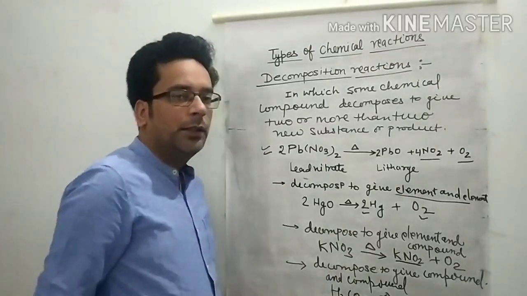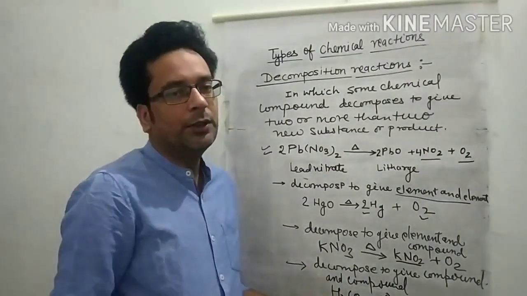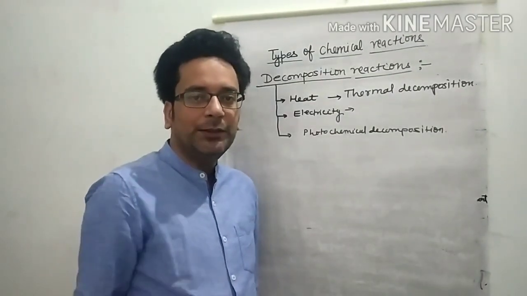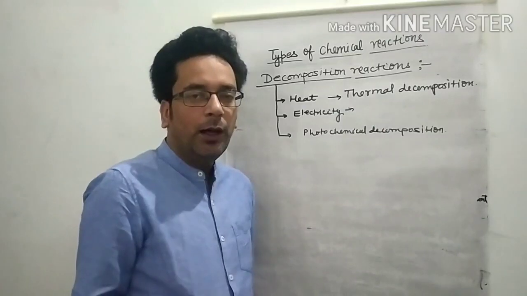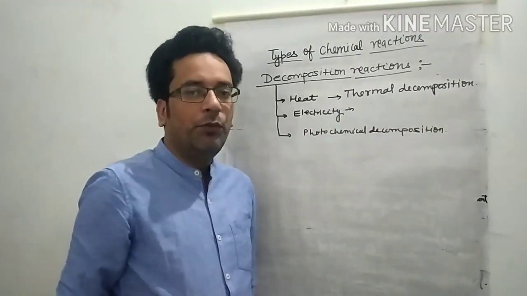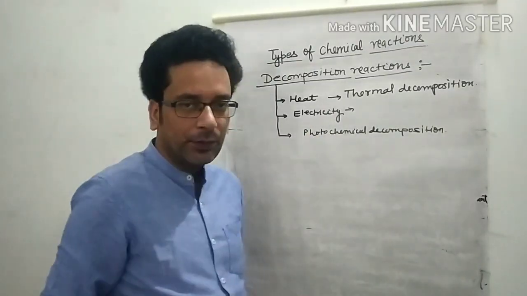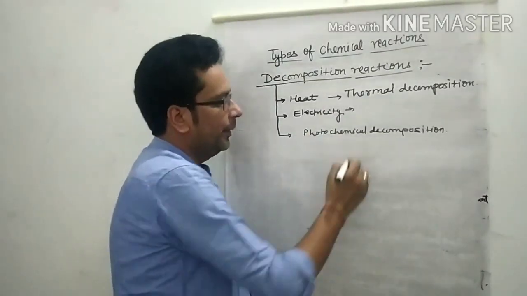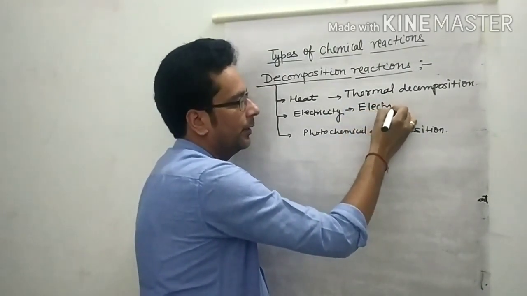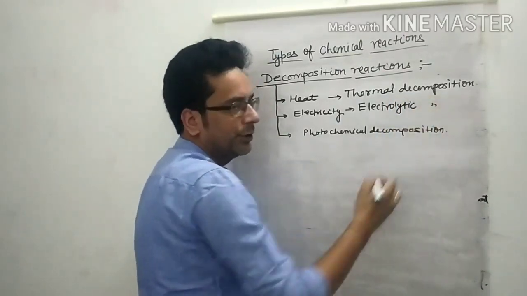So these are the decomposition reactions and examples of decomposition reactions. When decomposition reaction takes place through heat, it is known as thermal decomposition. When decomposition reaction takes place through electricity, it is known as electrolytic decomposition.